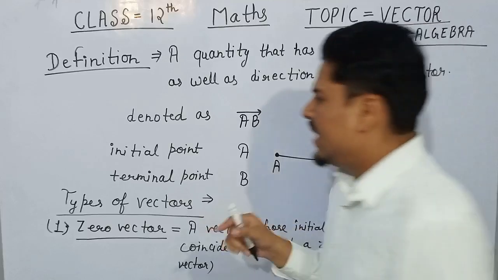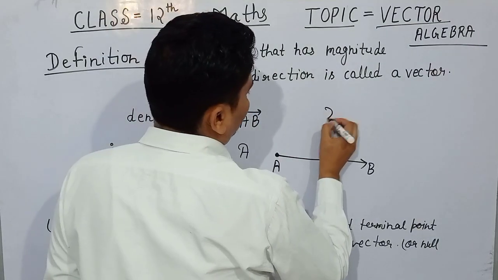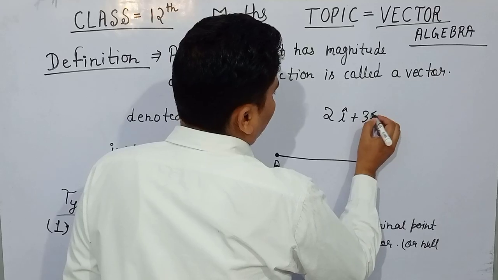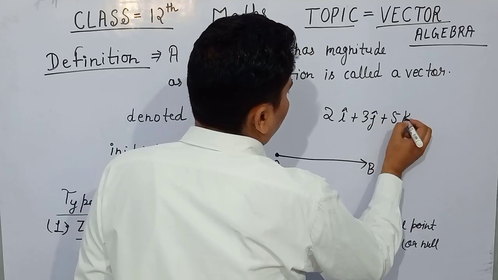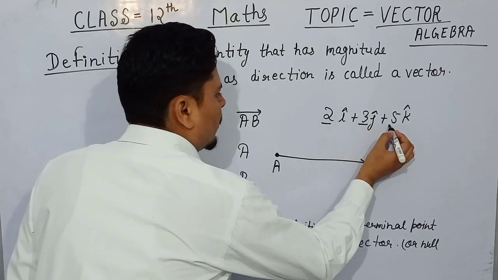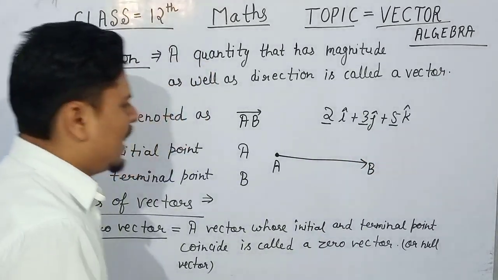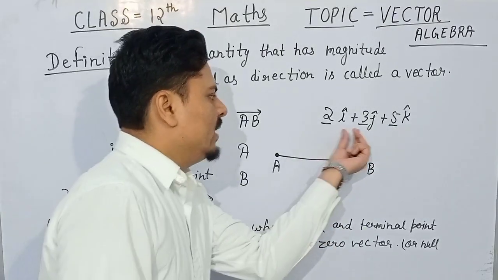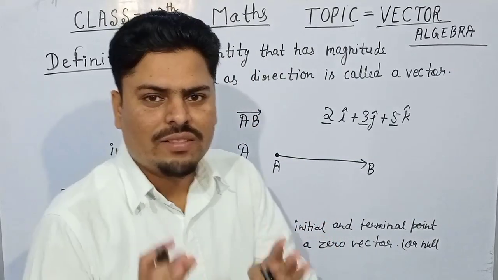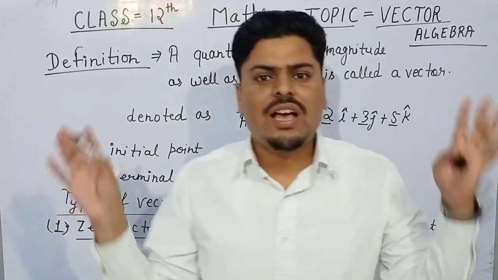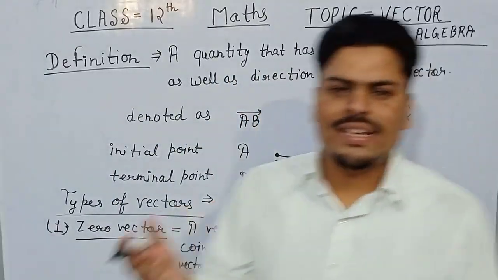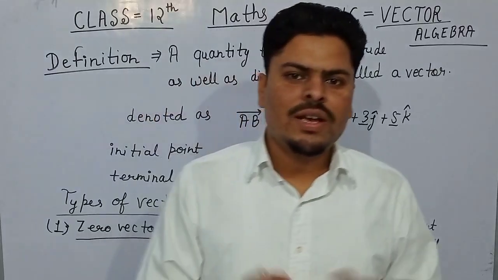For example, 2 i cap, 3 j cap, 5 k cap. Here 2, 3, 5 are the magnitudes, and i, j, k are the directions, which means the x, y and z directions. So we go to the next point, types of vectors.